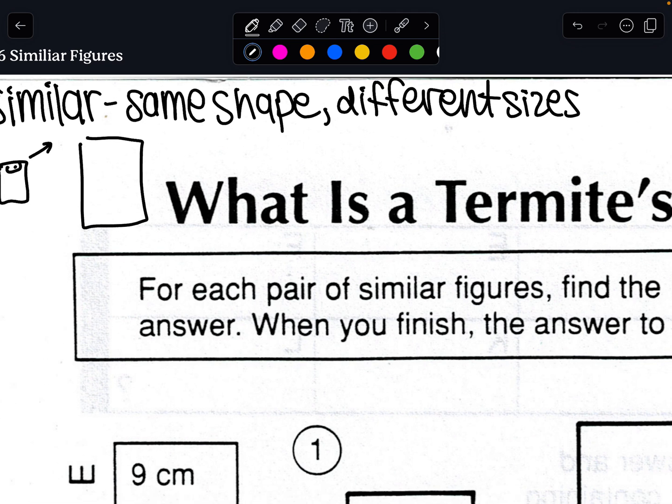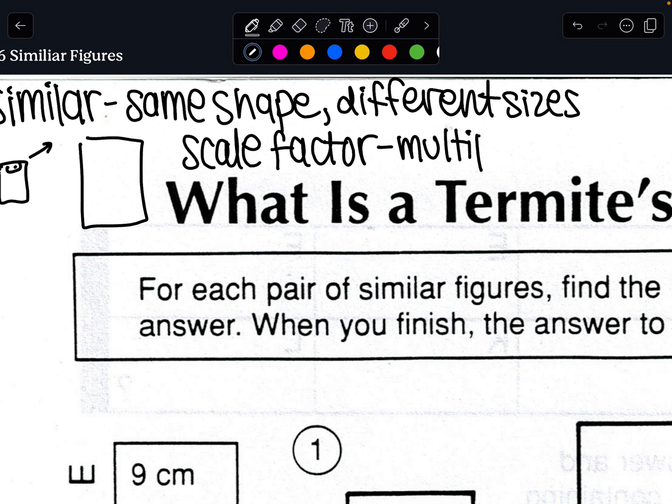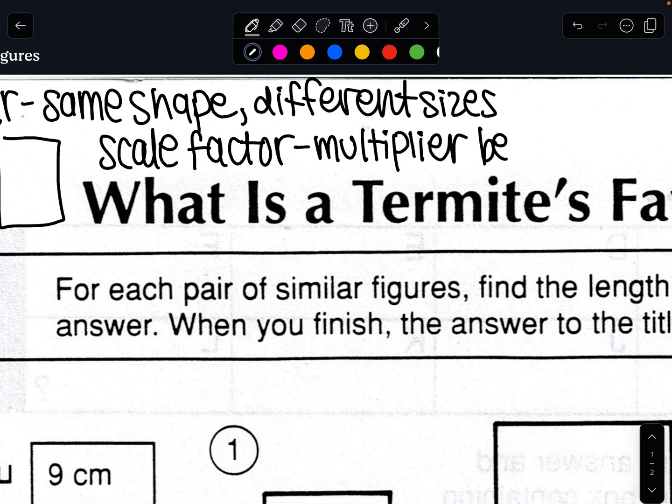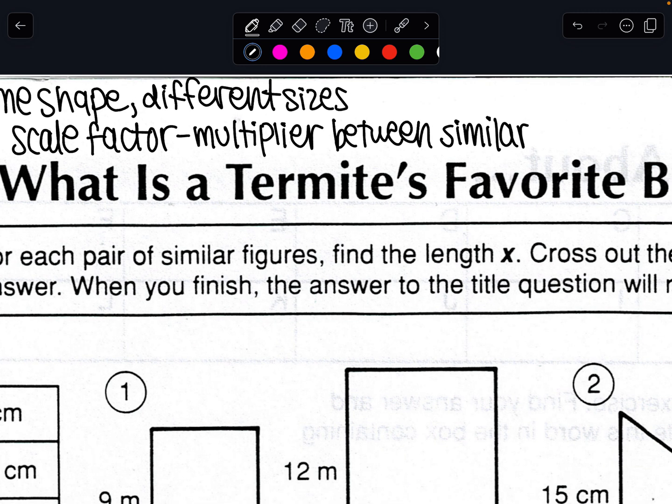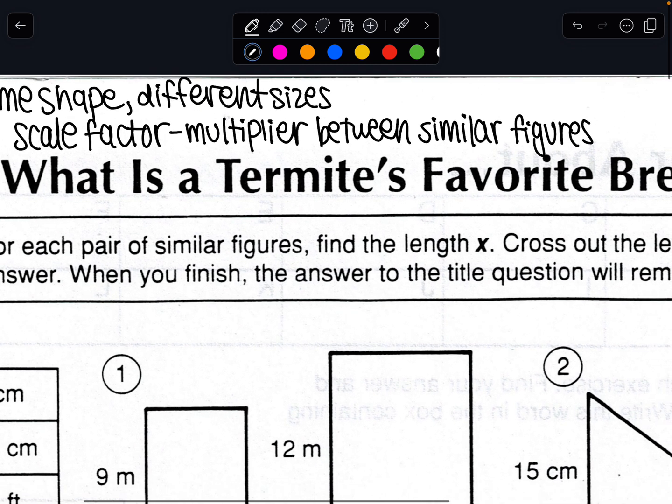And then scale factor is our multiplier between similar figures. And it's basically telling us how much bigger or how much smaller one figure is to another.